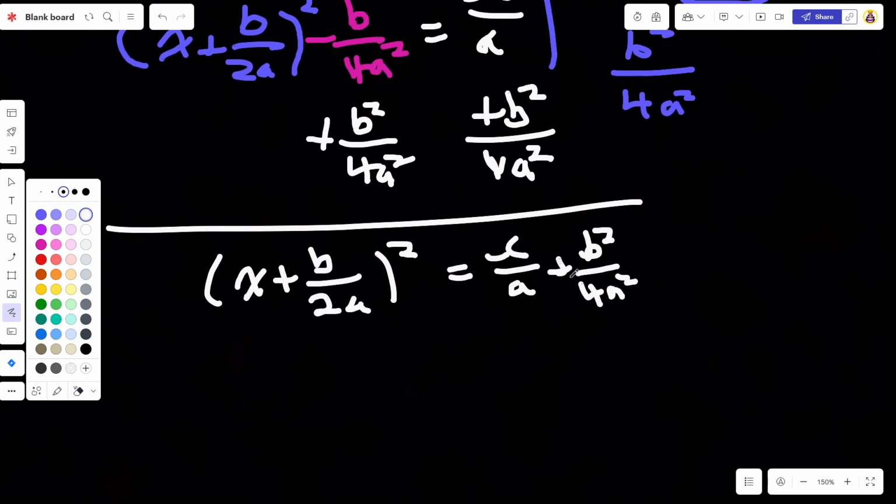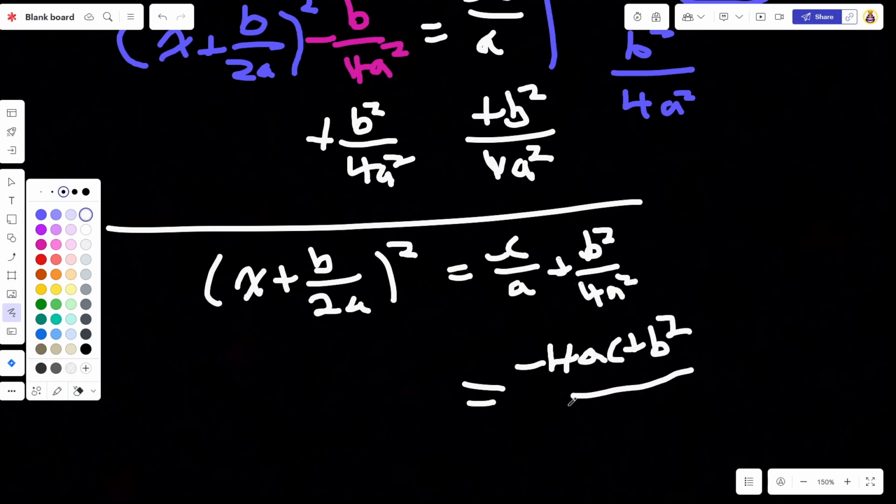Okay, and we can combine these two terms into one, because we notice the denominator here is 4a squared, and the denominator here is a. So we can get this a to be 4a squared by multiplying both the numerator of negative c over a and the denominator by 4a. So this is going to turn into negative 4a times c. And then we're going to add b squared over 4a squared.